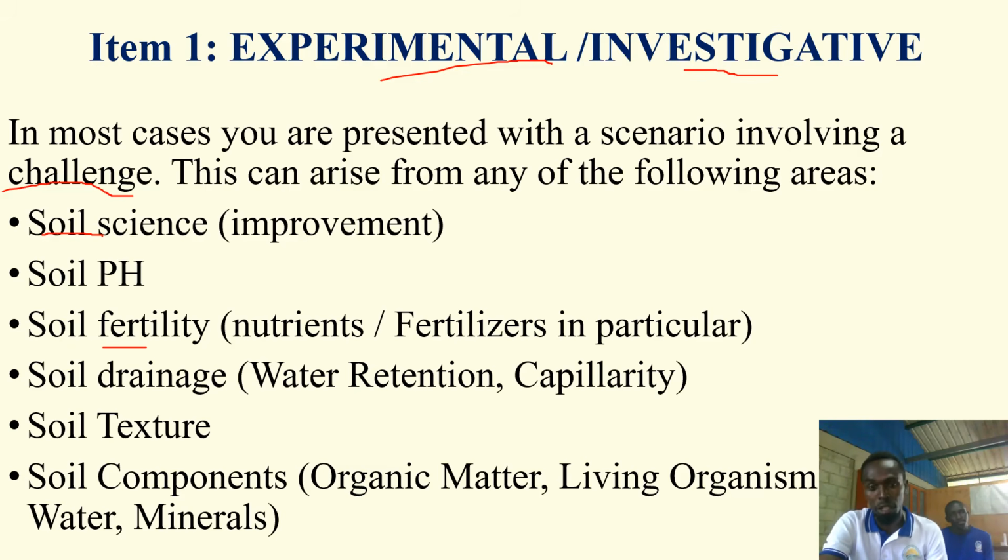I'm just going to go through because our ambition is very clear. Then in soil science or soil improvement, we may be presented with a scenario case which has a challenge related to soil drainage. In soil drainage, in simple terms, we are referring to water retention, and sometimes it may be capillarity of water.